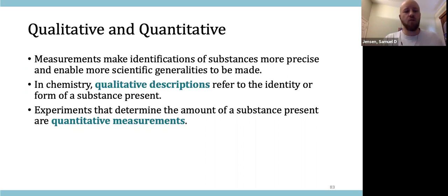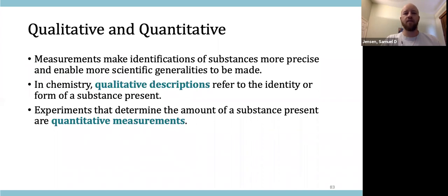We're just making visual inspection of the things, so there's no numerical value there, okay?